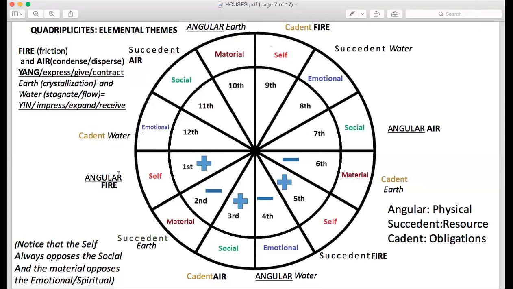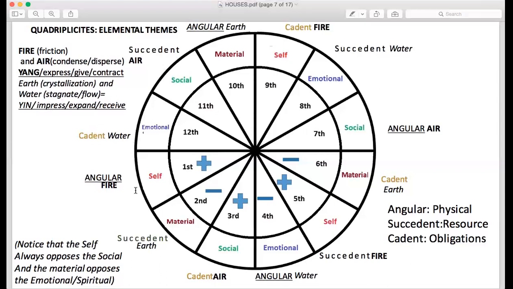Generally, we have that the fire signs are about friction, and the air sign is about condensation and dispersal. They are yang, they express, they give, they contract. Earth is crystallization, and water is stagnation or flow. And these two are yin. They are impressionable, they expand, and they receive.